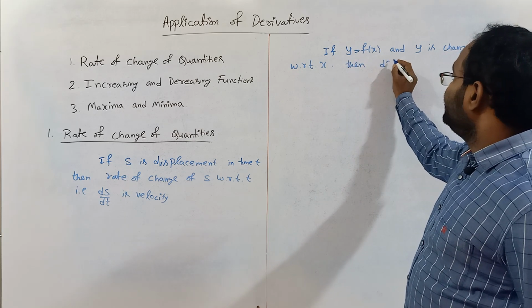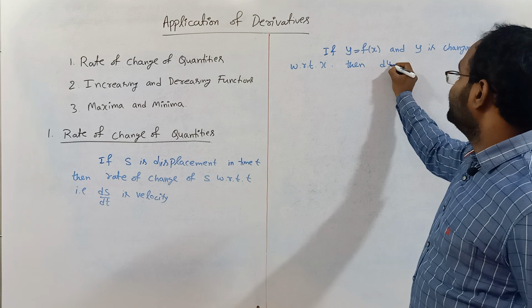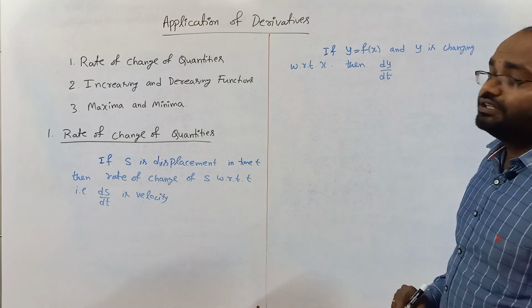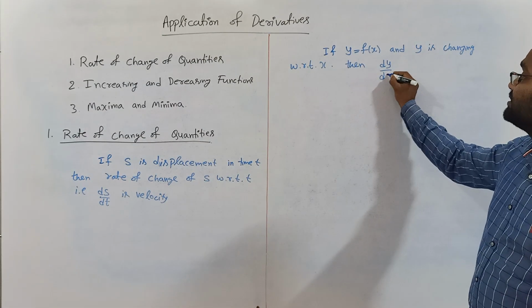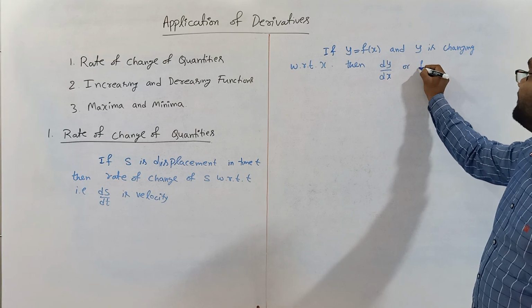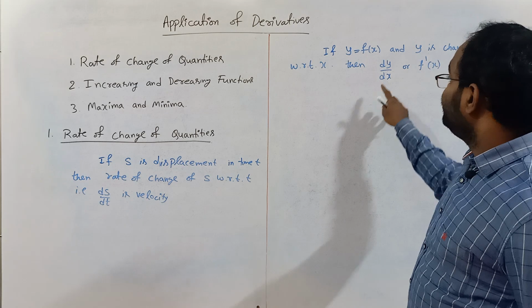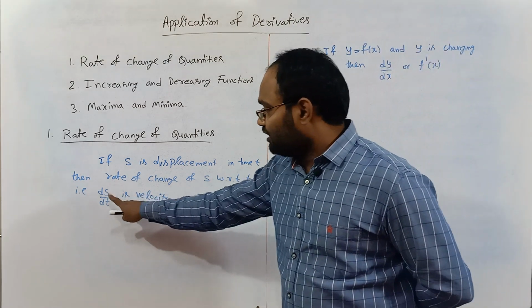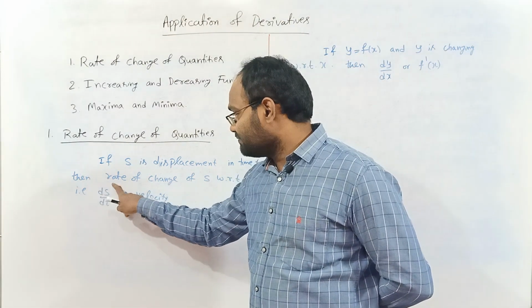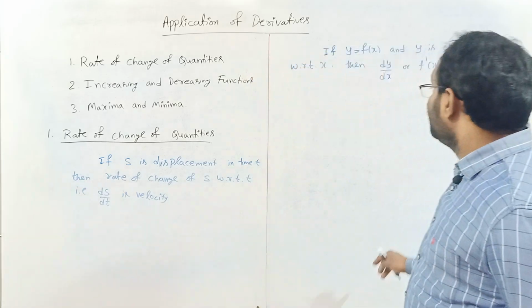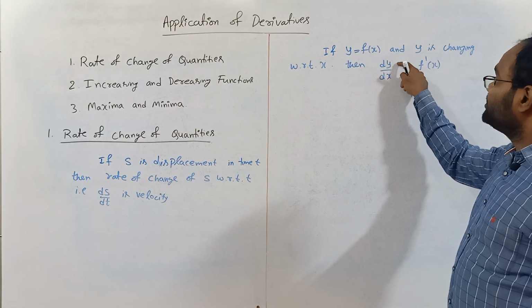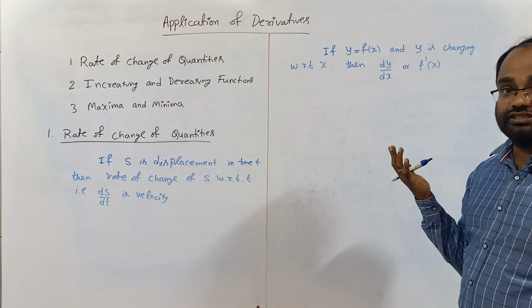Then dy by dx or f dash of x, what it indicates actually, dy by dx ಇದೇ ತರ ds by dt ಅಂದ್ರೆ rate of change of s with respect to time. Similarly here, rate of change of y with respect to x, that's all.